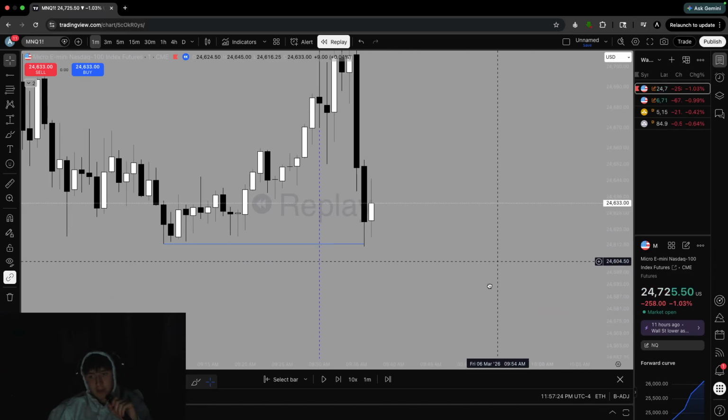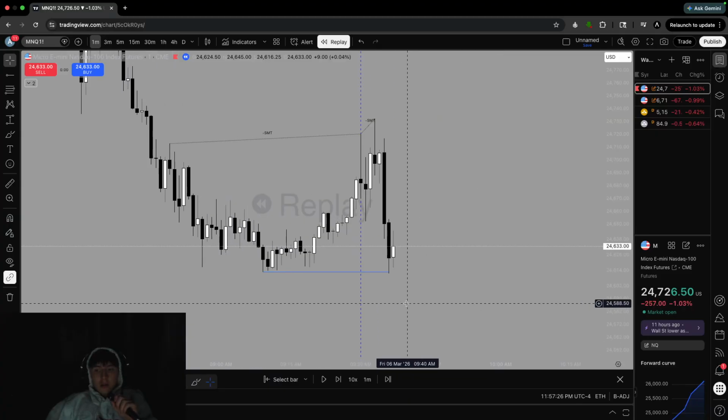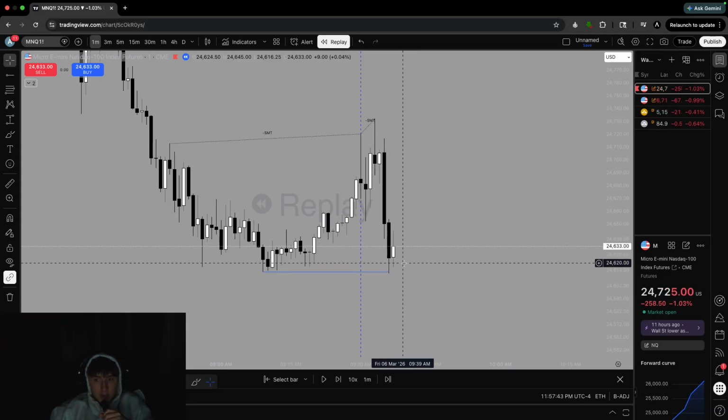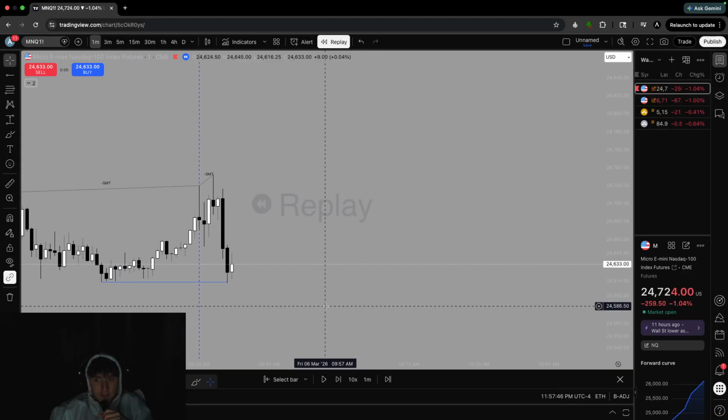Apparently, according to this, it counts. So we'll go based on the indicator. The indicator is claiming it's stopping, so it must have swept it.